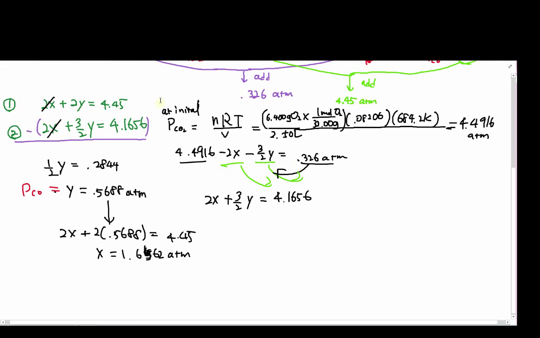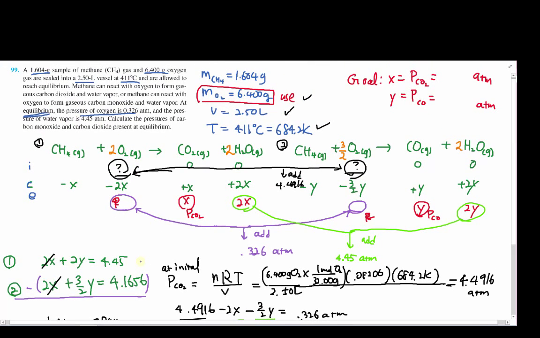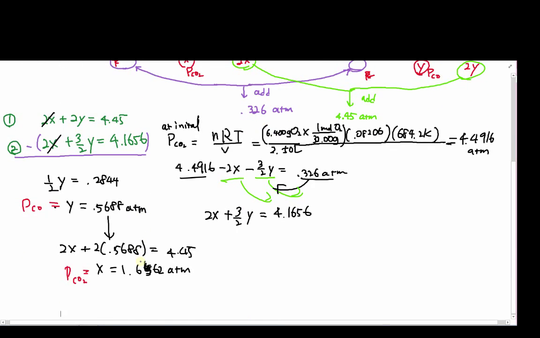Okay, so we have the answer, but we want to keep 3 sig figs. Why? Because if you go back to our question, the lowest sig fig we got was 3, and there wasn't really addition and subtraction. I will not count our elimination method as addition and subtraction, because that's just part of the way of doing this.